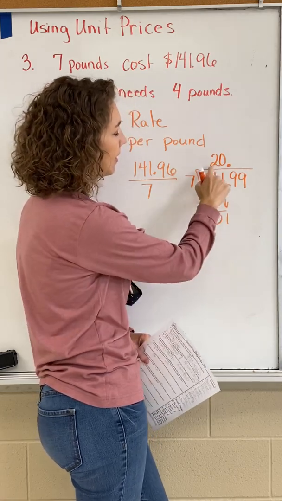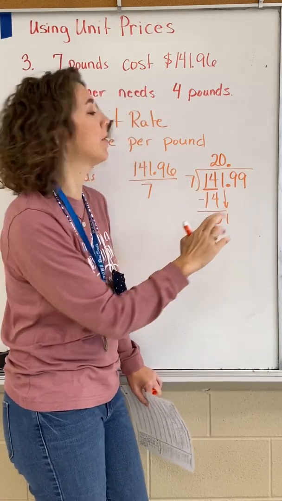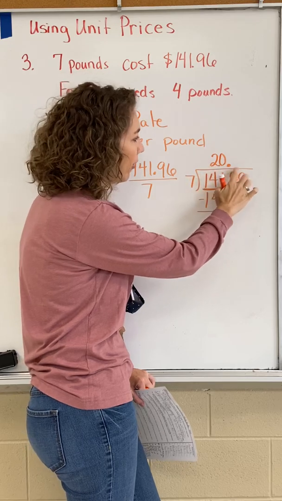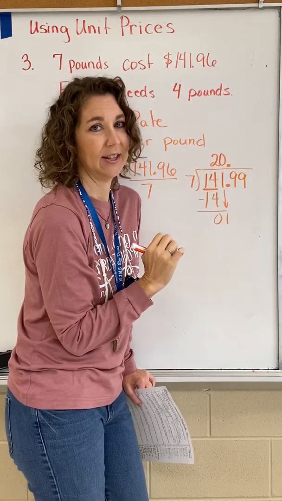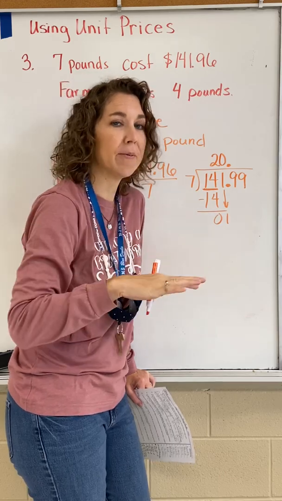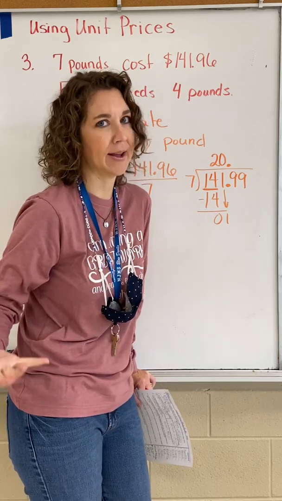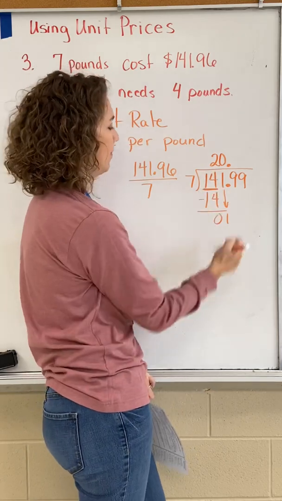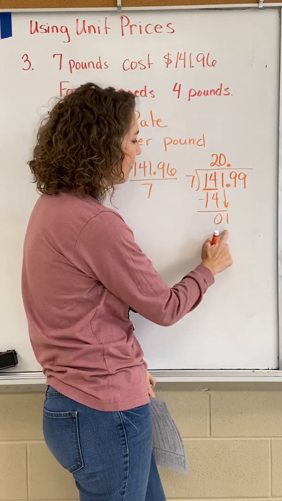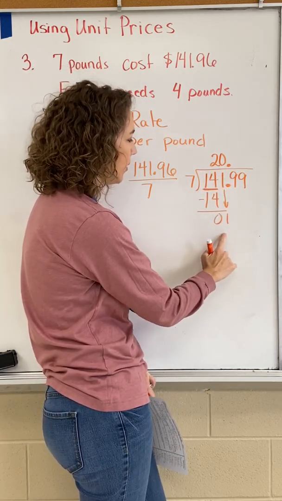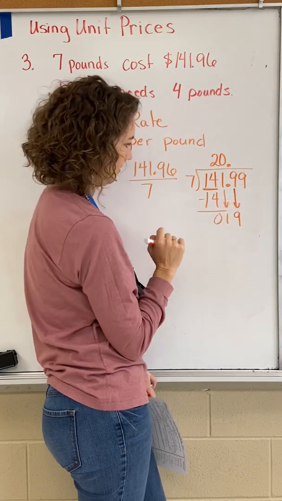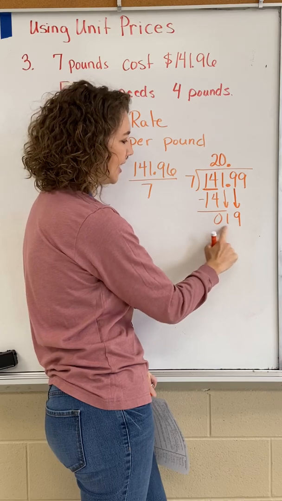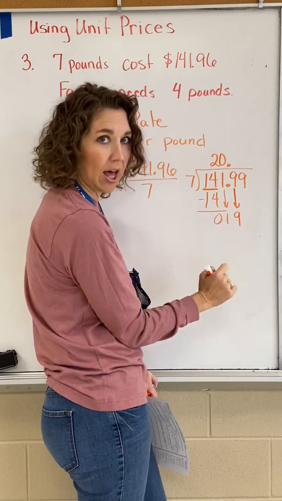Because if you don't put that 0 up there, it's going to look like $2 and some cents. It's really $20 and some cents. So it's a big difference. The price is $2 or the price is $20. Now then, since 7 couldn't go into 1, we can bring down the next digit, which is a 9. 7 will go into 19 2 times.